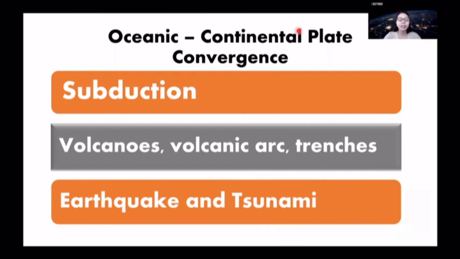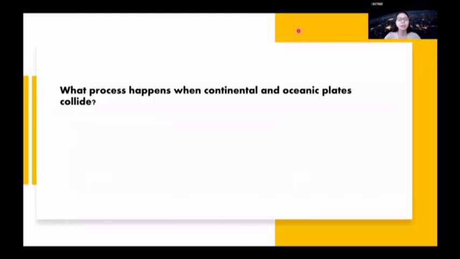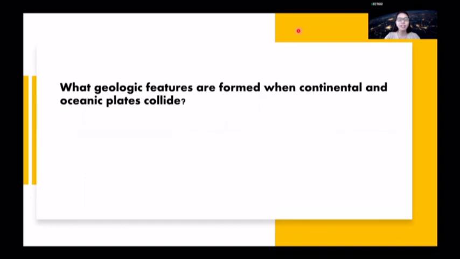Now, just a quick review. Let us try to answer the following questions. First, what process happens when continental and oceanic plates collide? The answer is subduction. Next, what geologic features are formed when continental and oceanic plates collide?